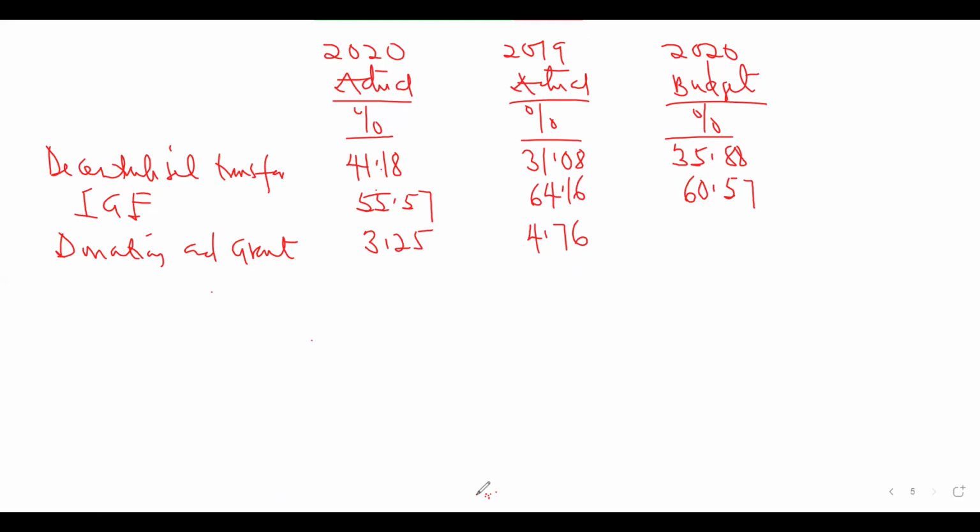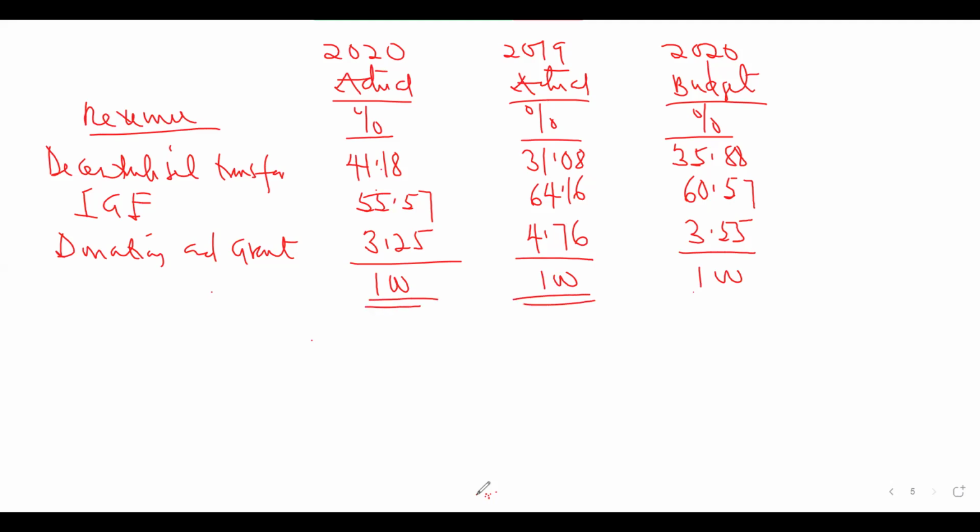The budgeted is what? 3.55. So if we put all of them together, we are going to have 100%, isn't it? Yes. Okay, so you can put your revenue here. You just prepare it the way the statement was prepared.